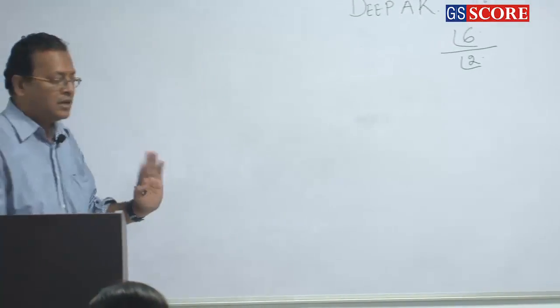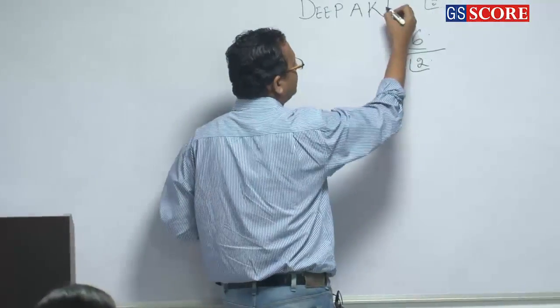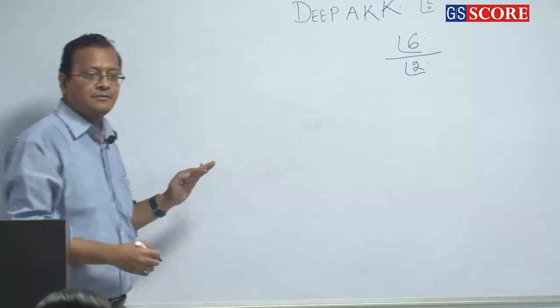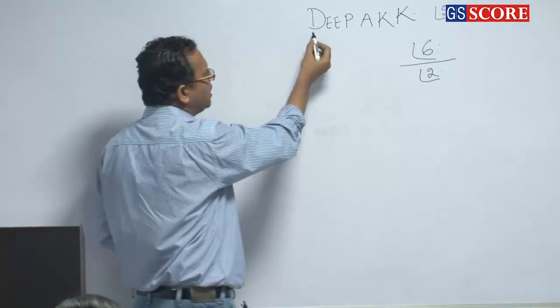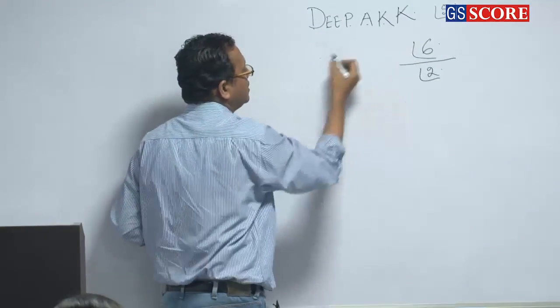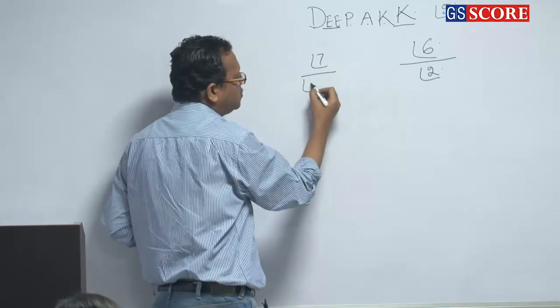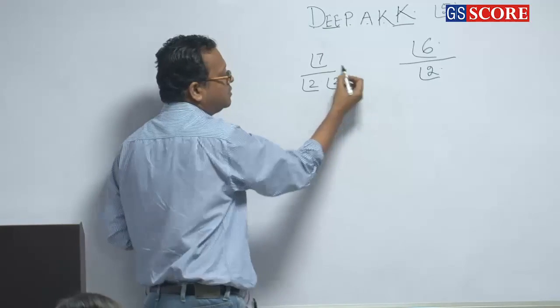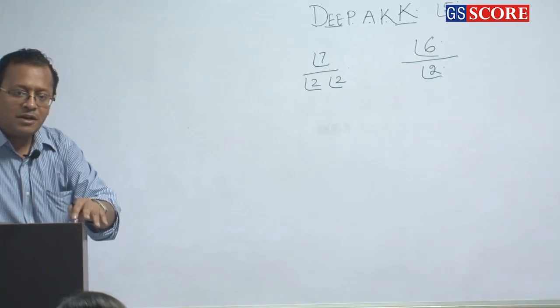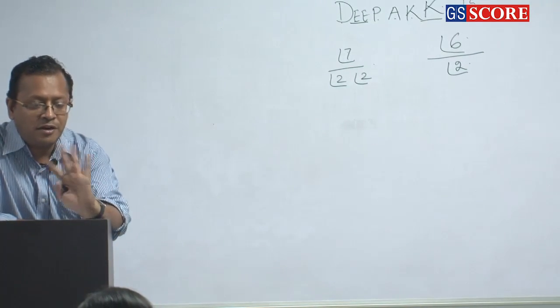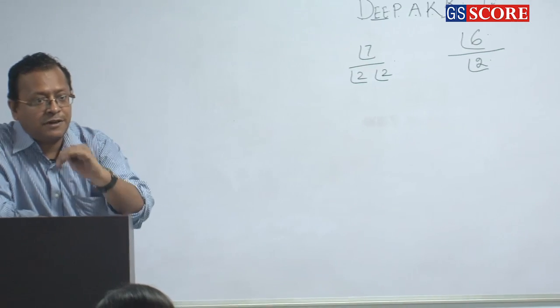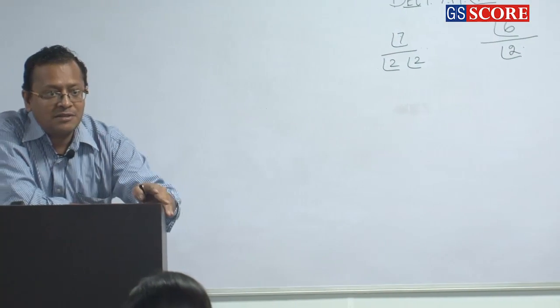Clear or not? If I add another k here, you will say, sir, how many letters? 1, 2, 3, 4, 5, 6, 7. So you say factorial 7 by factorial 2 into factorial 2. Clear or not? Whenever there is repetition, you have to divide by that factorial, not minus it.